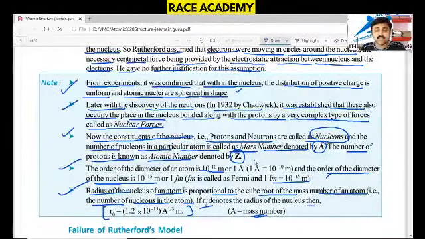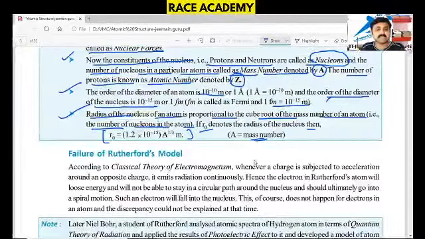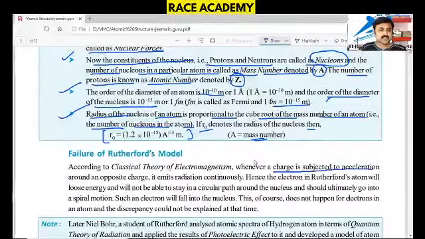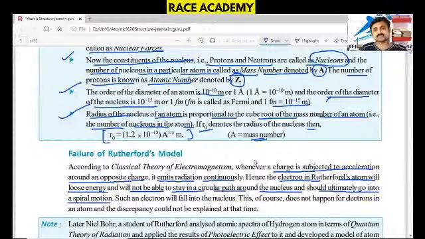But there are little failures in Rutherford's model. The classical electromagnetic theory tells us that a charge subjected to acceleration around an opposite charge emits radiation continuously. What happens? The electron in Rutherford's atom will lose energy, will not be able to stay in a circular path around the nucleus, and should ultimately go into a spiral motion. Such an electron would fall into the nucleus, which of course does not happen.